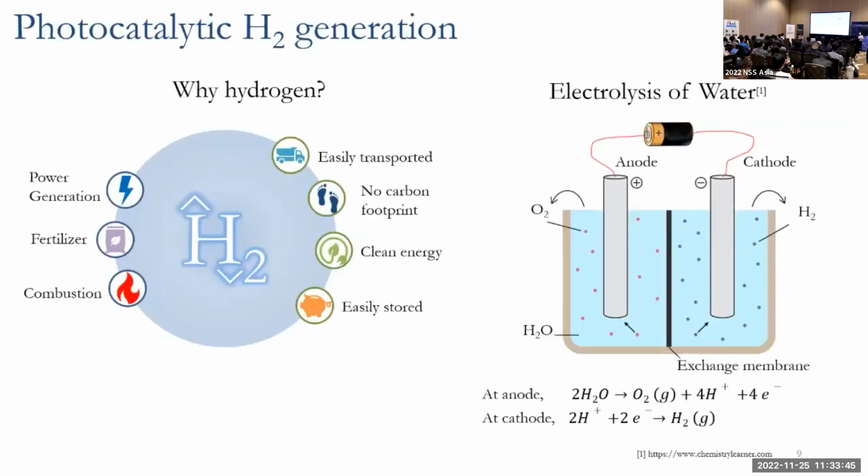Okay, now we will answer why we choose to study hydrogen generation. We choose hydrogen because of its potential to generate power and be used as a fertilizer and also for combustion.